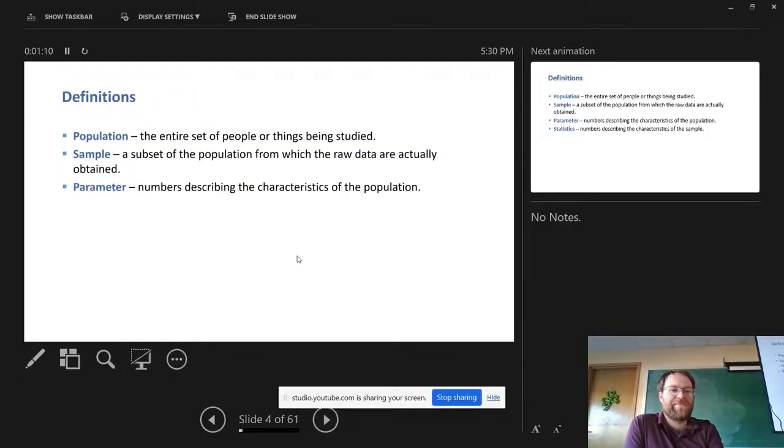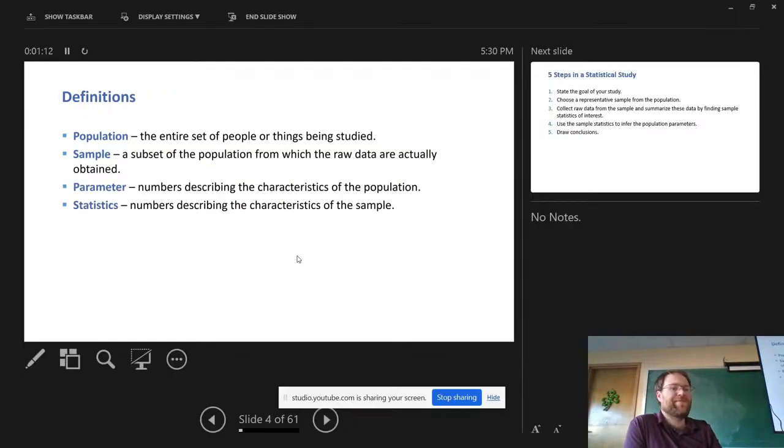And we do this using a couple of different ideas here. If you wanted to survey everybody, that would be the population. If you wanted just to survey a small collection of people from the population, that's a sample.